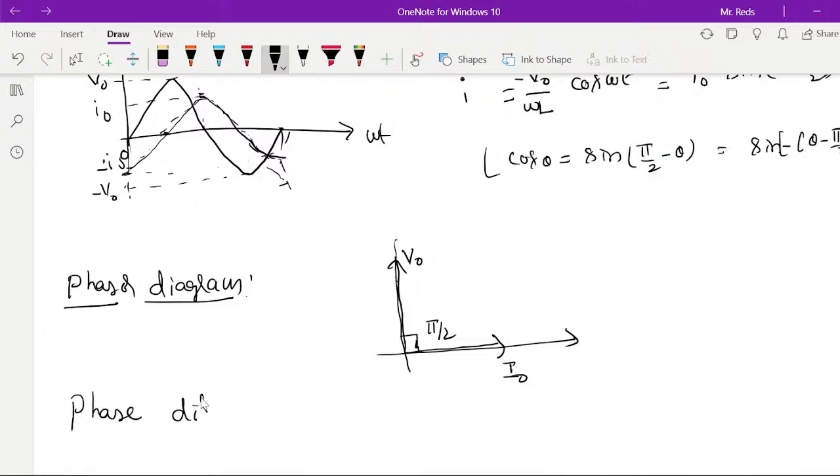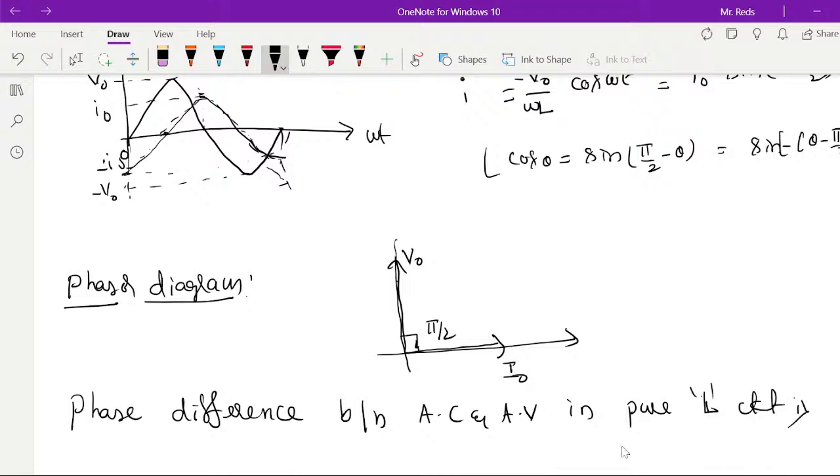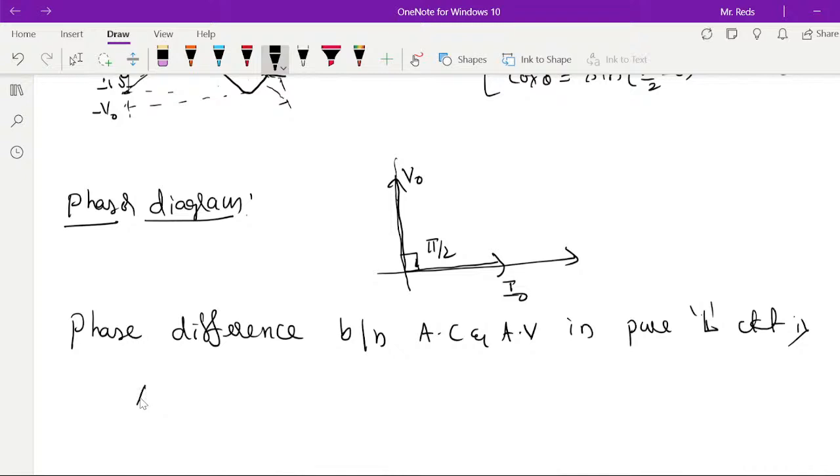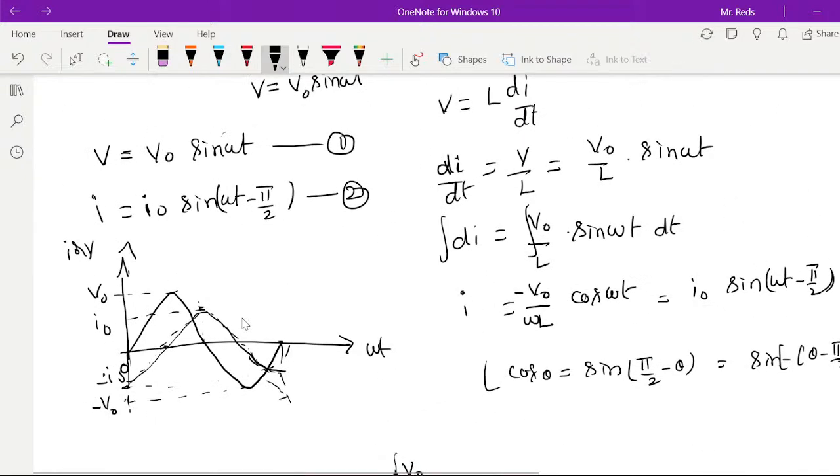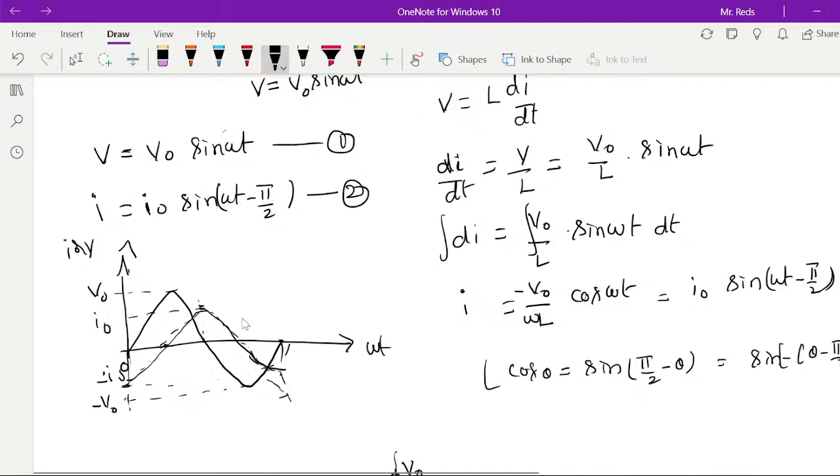Phase difference between alternating current and alternating voltage in a pure inductive circuit is delta phi is equal to omega t minus, you can see here, phase of voltage minus phase of current.